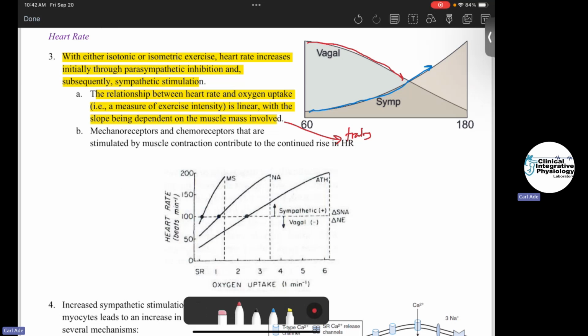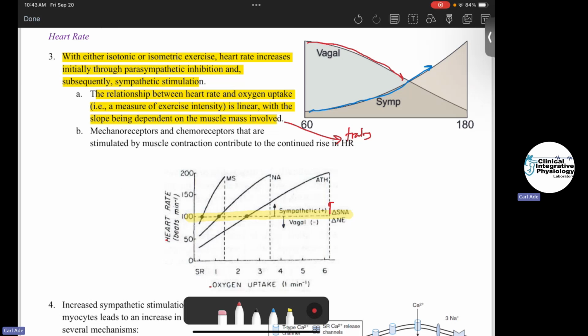So we can see here our oxygen uptake and heart rate in our three individuals. The thing to really note is right around this 100 beats per minute, that's where we really get the transition from being parasympathetic to sympathetic, that above 100 beats per minute, we're almost entirely a sympathetic driven increase in heart rate.